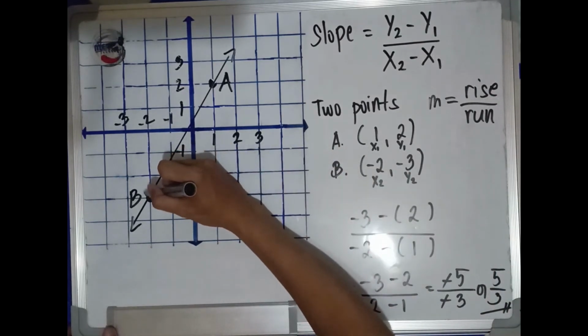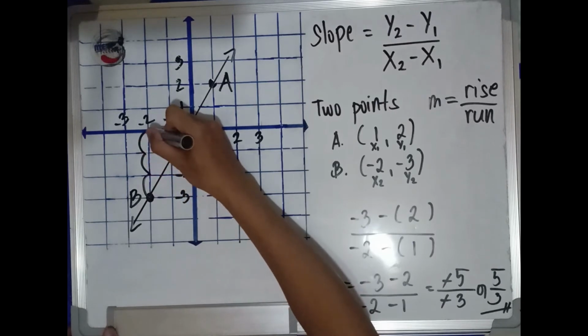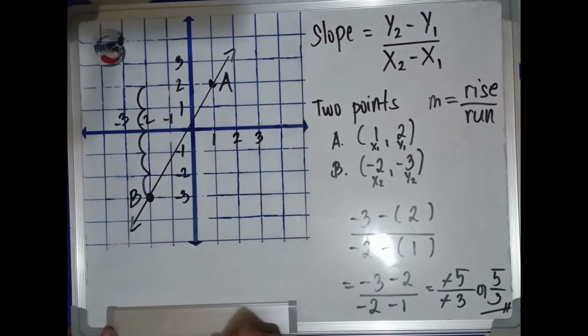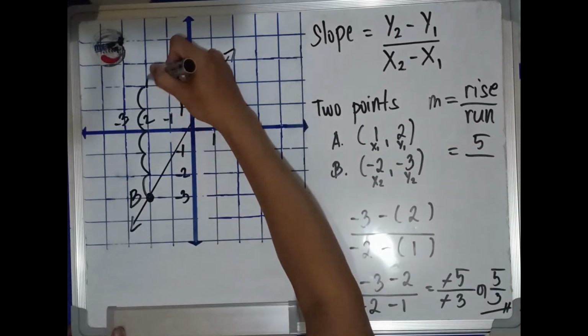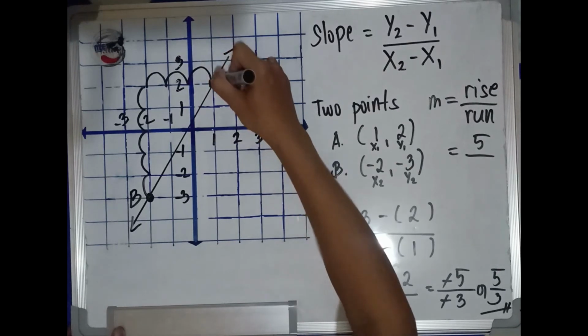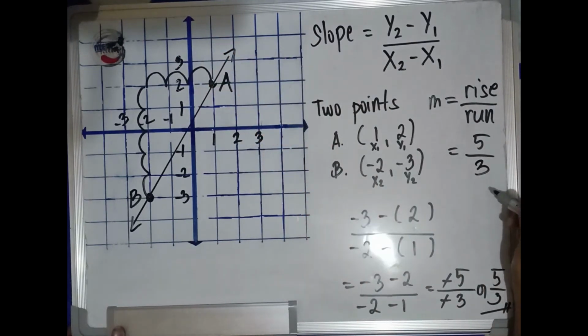So let us count. 1, 2, 3, 4, 5. So our rise is 5. And for the run, 1, 2, 3. That is 3. When we do counting, that is the same with solving 5 over 3. Now, our slope is correct.